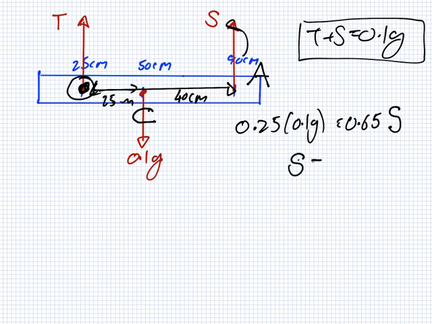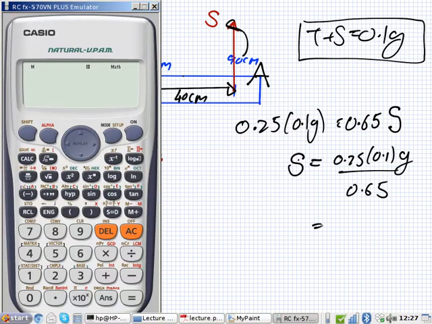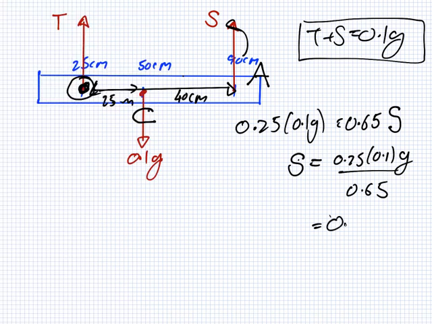So can we get S now? We can. So can someone just type in 0.25 times 0.1 times g over 0.65. Actually, I have the calculator here too. 0.25 times 0.1 times 9.81 divided by 0.65. 0.377 newtons.